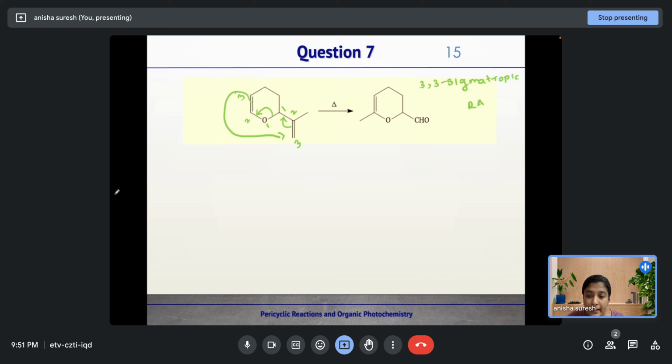If we number it like 1, 2, 3, 4, 5, 6, a bond is forming between 1 and 6. 1 and 6, new bond formed. 5 and 6, it becomes a single bond. 4 and 5, it becomes a double bond.